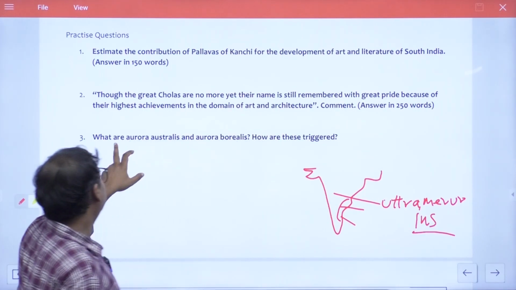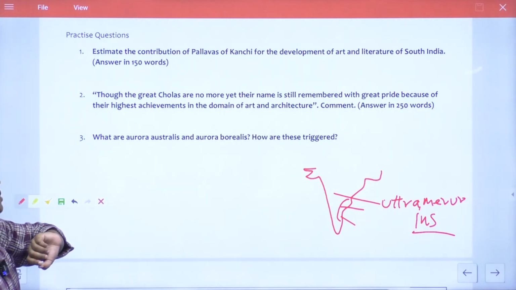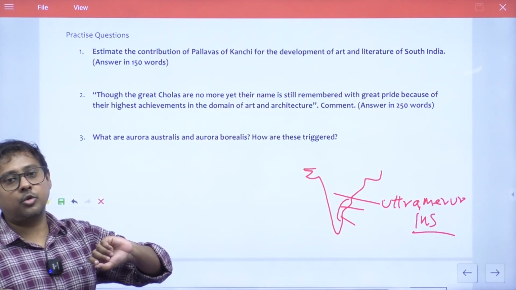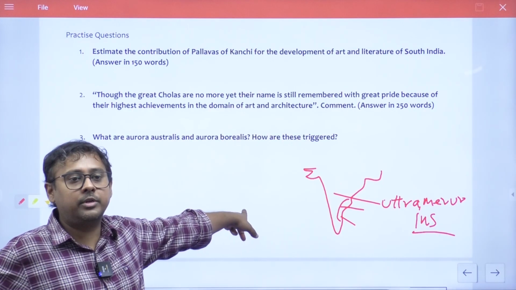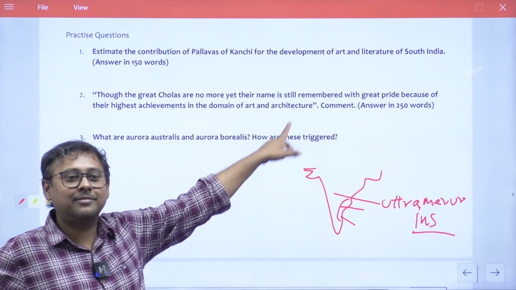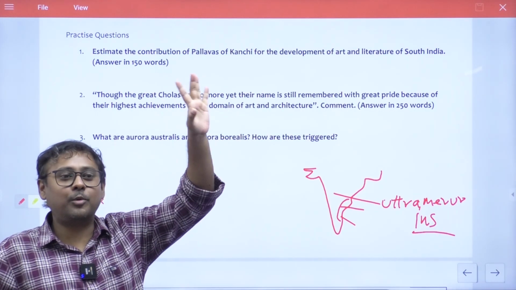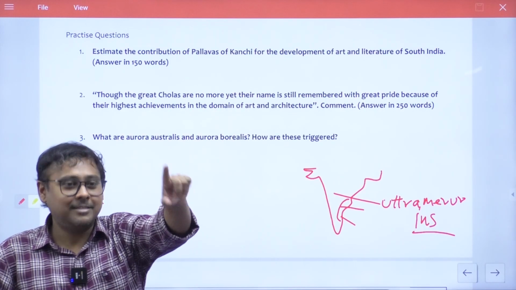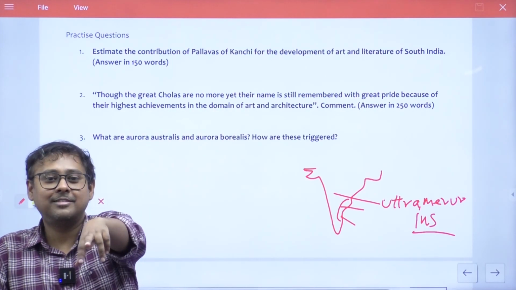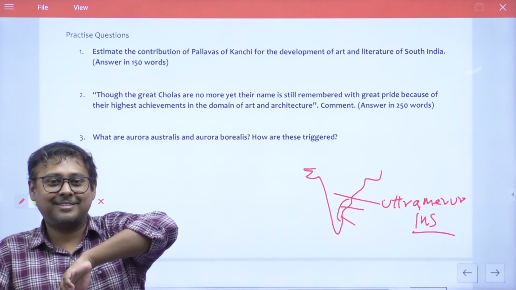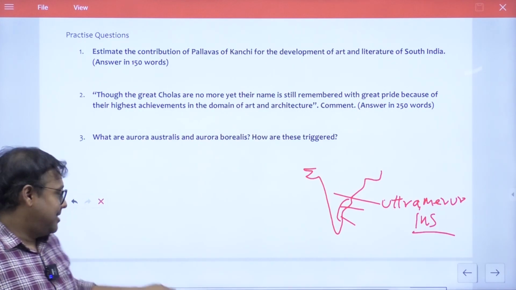Okay. Last, what are aurora australis and aurora borealis? So, what kind of diagram should we give here? Sun. Flares. Sun. Okay. Circles. Showing earth and sun.